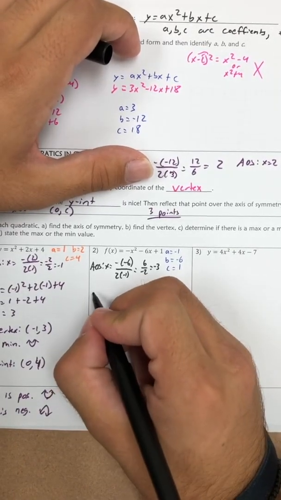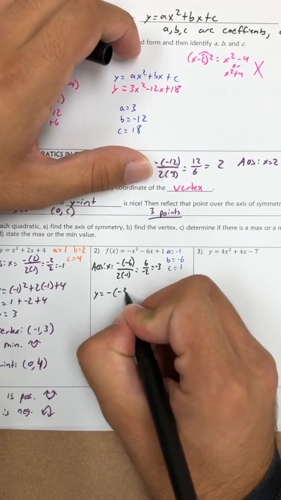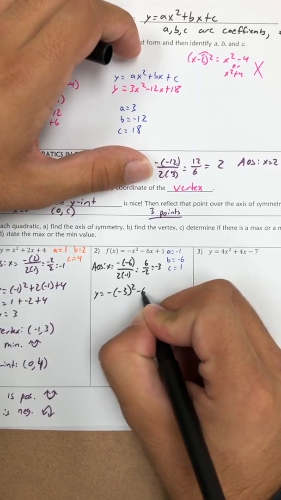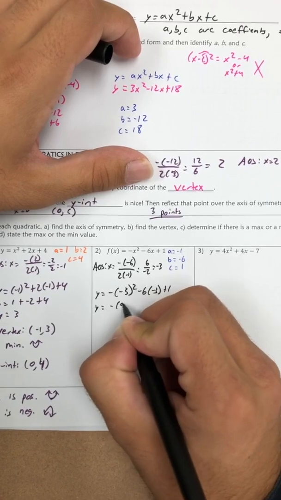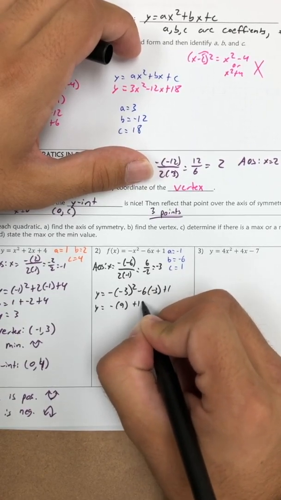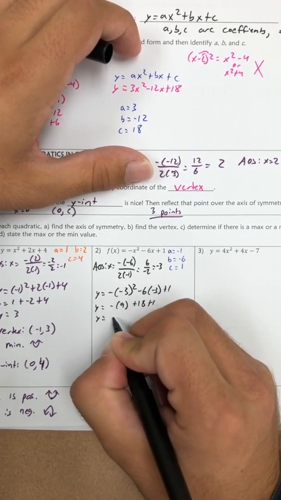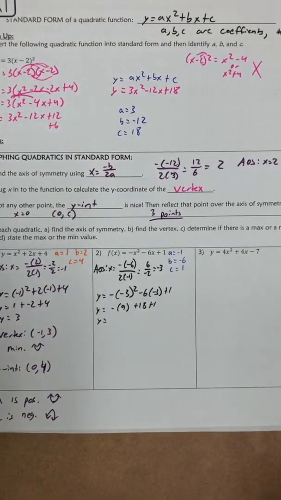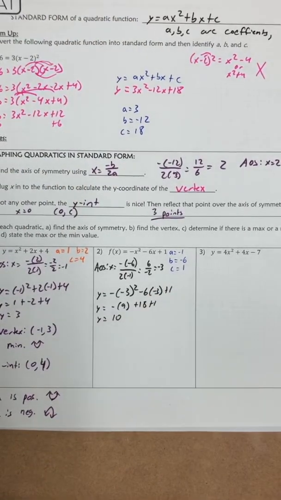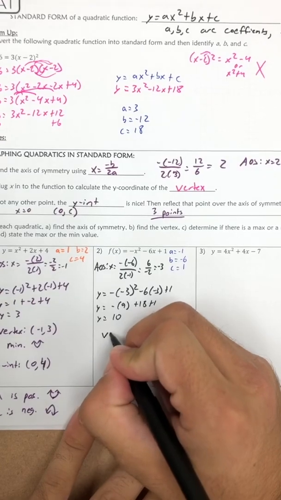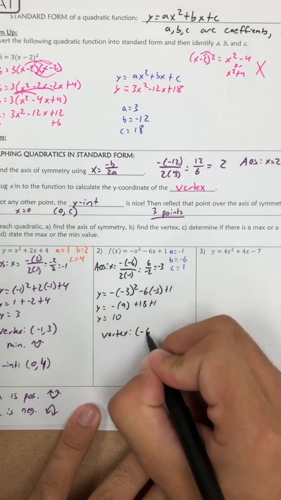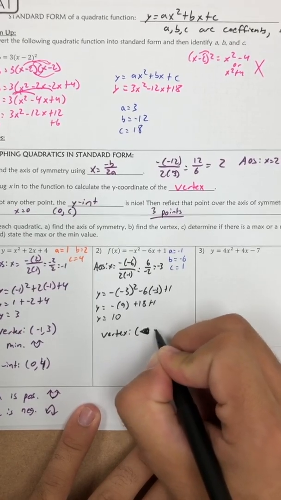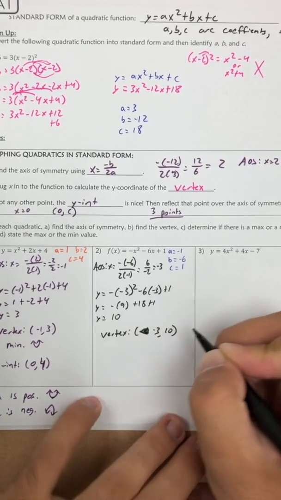To find my y value of the vertex, y equals negative, sub in negative 3. So then y is going to equal 10. So my vertex is negative 3, comma 10.